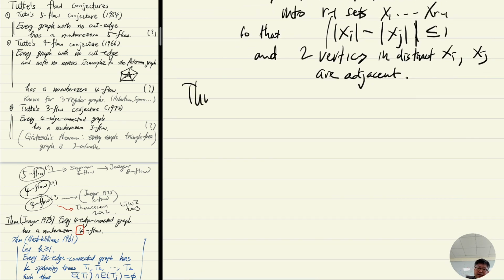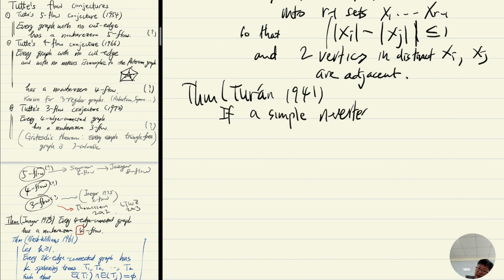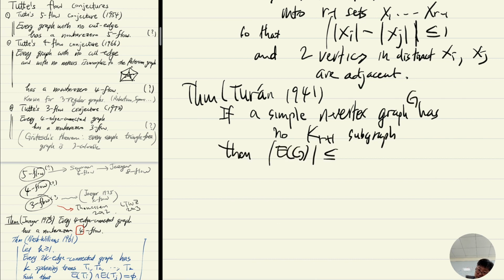And Turan's theorem in 1941 says that if a simple n vertex graph has no K r plus 1 subgraph, then the number of edges is at most TR.